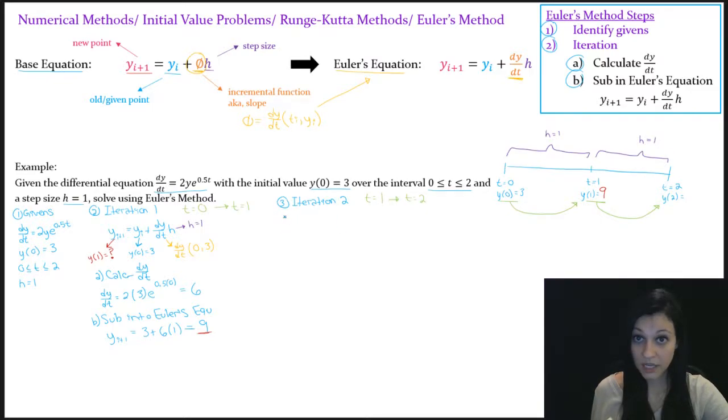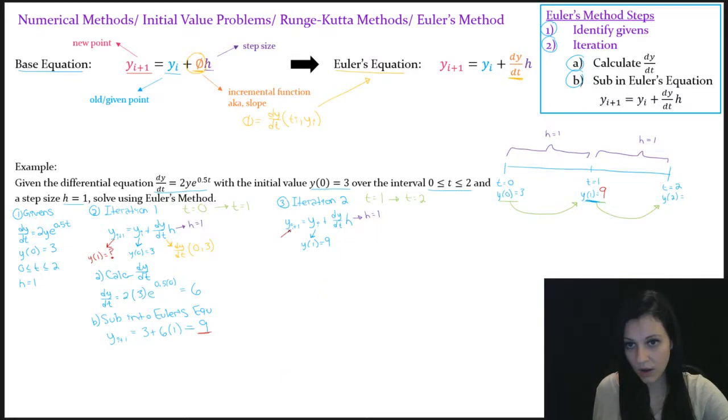So if we look at our base Euler's equation, we have y_{i+1} equals y_i plus dy/dt times h. So h is 1. y_i this time is going to be the y value at 1, because now this is our new previous point.